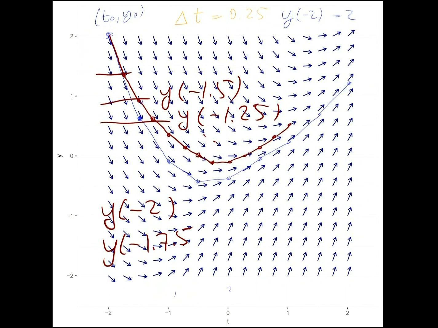Now this is called Euler's method, and it is actually the simplest method of solving differential equations numerically. If you want to understand it further, a little homework for you is to program this Euler's method in Matlab.